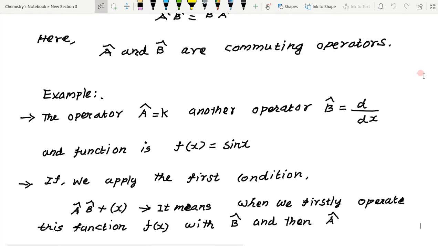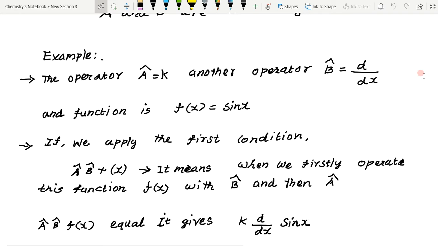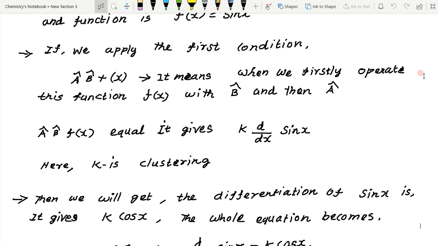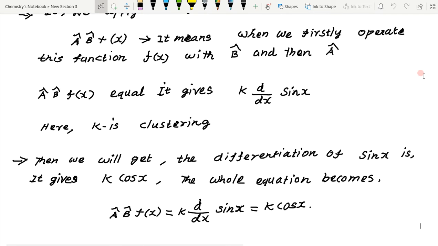For example, the operator A cap equals k, another operator B cap equals d by dx, and the function is f(x) equals sin x. If we apply the first condition, operator A operator B f(x), it means we first operate on the function f(x) with operator B and then operator A. It gives k d by dx sin x.